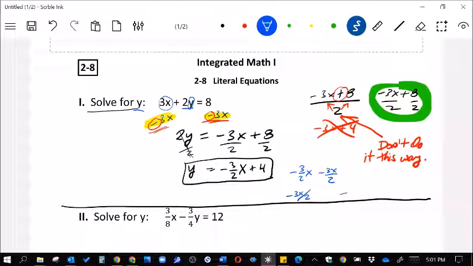The reason it's really dangerous is because what many people do is they do this. And they mean for it to be negative 3 over 2 times x, but what it ends up looking like, because they're not very careful with how they write it, is they make it look like that, which is then what most people think of as negative 3 over 2, as if the x is on the bottom.